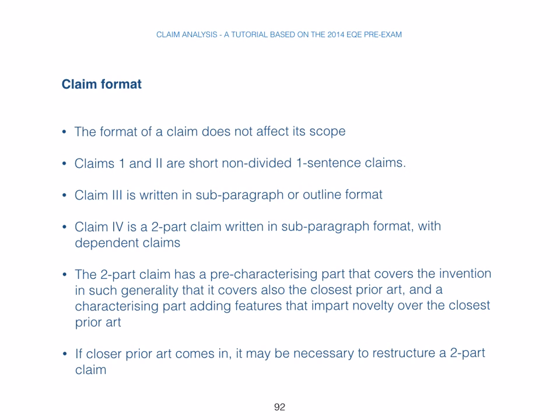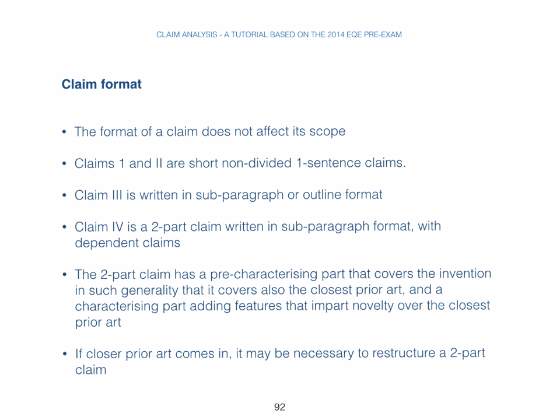Note that a two-part claim has a pre-characterizing part that covers the invention in such generality that it covers also the closest prior art, and a characterizing part adding features that impart novelty over the closest prior art. That is how a two-part claim should be formulated.